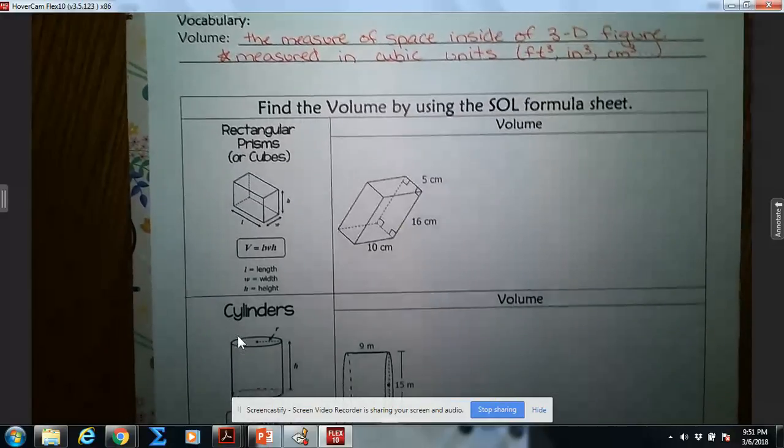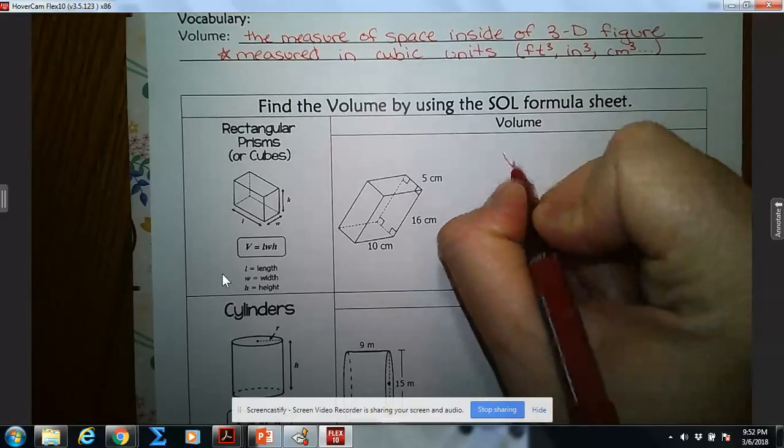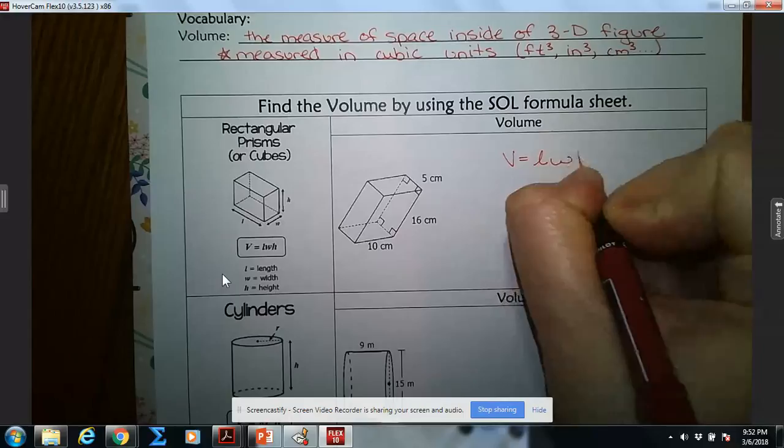Okay, so let's see here. I pulled this formula straight off the formula sheet. Volume is equal to LWH, where L is the length, W is the width, H is the height. Length times width times height.